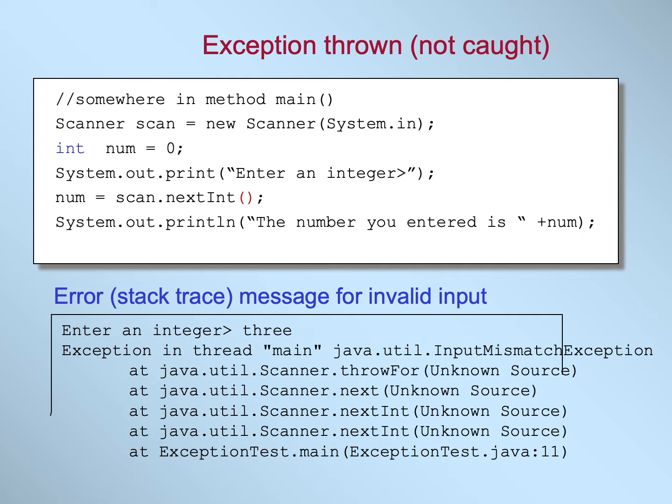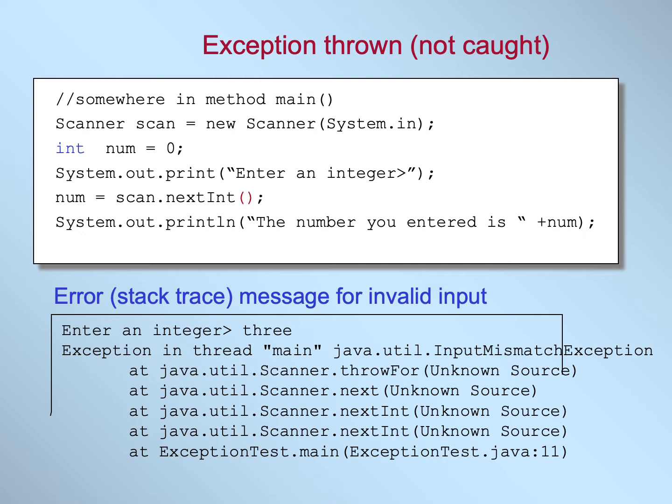Over here, it shows an error message for invalid input. Say that the user entered 3 in word rather than 3 in number. It will give out an exception called input mismatch exception because it expects the user to enter a number, but instead the user entered a word.